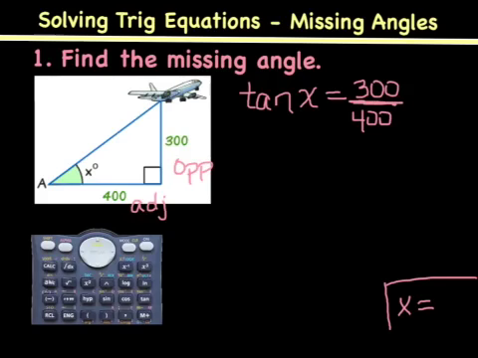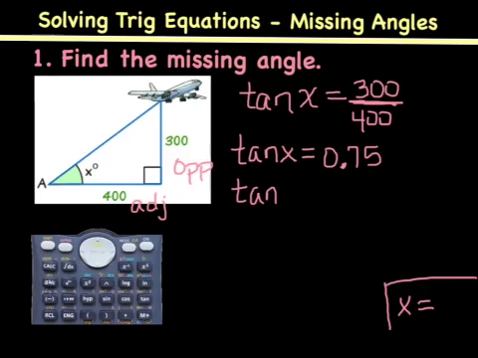So what you're going to do is divide 300 by 400, and you're going to get a decimal number. It equals 0.75. Now what you're going to do is rewrite your problem like so.